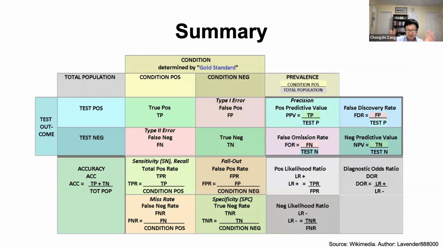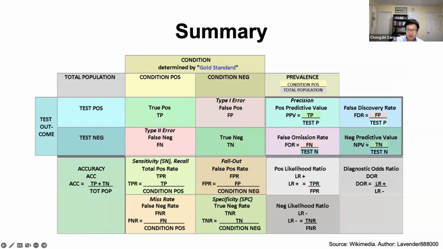So extended from this confusion matrix, there are a lot of different ways of measuring the performance of a test, right? The ultimate goal is that our prediction can better reflect the underlying truth.